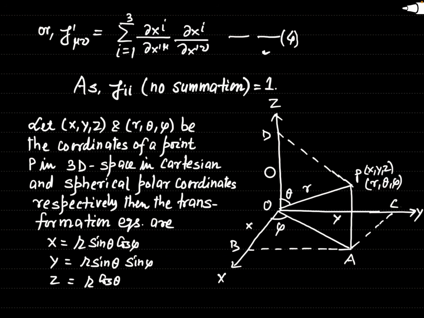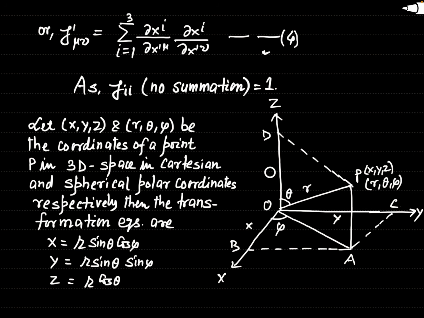Actually, I have shown here the three rectangular coordinate axes x, y, and z, and there is a point P in space, and I have assumed that the Cartesian coordinates of this point P are x, y, z, and the spherical polar coordinates of this point are r, theta, phi.